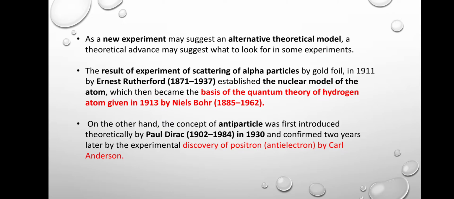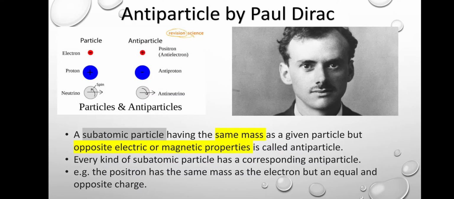On the other hand, the concept of the antiparticle was introduced theoretically by Paul Dirac. Paul Dirac is also one of the scientists who introduced something called the antiparticle in quantum physics, and it was confirmed 2 years later by the experimental discovery of the positron, that is the anti-electron, by Carl Anderson. Now what is this antiparticle?